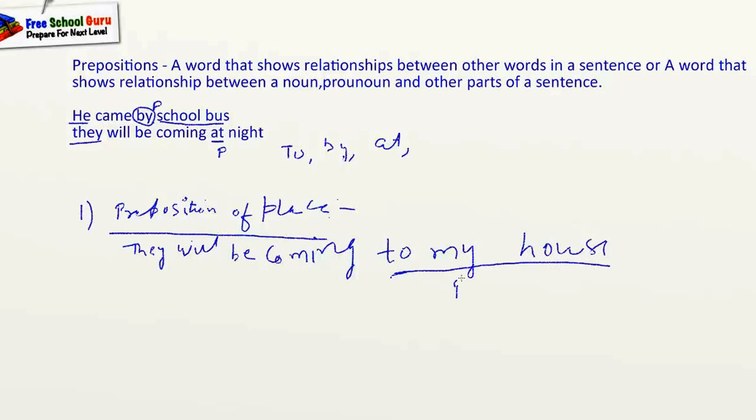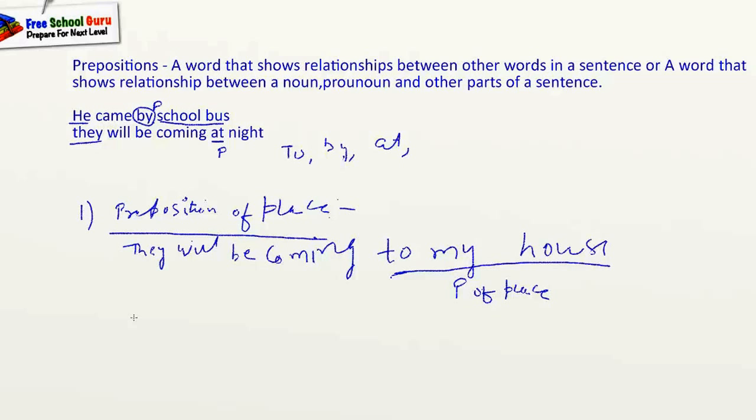This becomes preposition of place. Is that clear? So I will be going to London. So to is a preposition, and to London, that part of the sentence becomes a preposition of place. Is that clear?